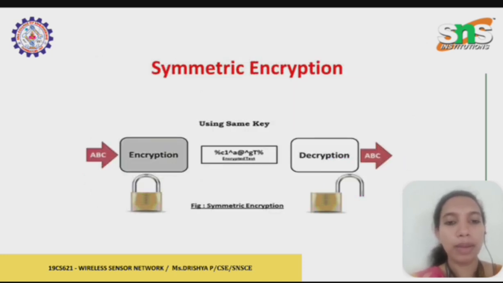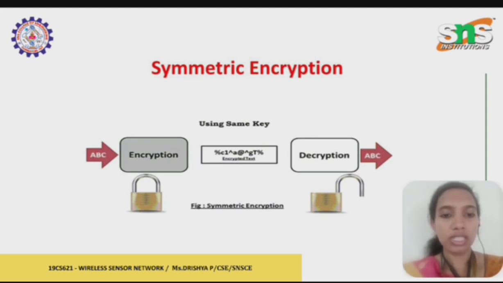So this is the representation of symmetric encryption. Symmetric encryption uses the same key. ABC is the plain text, it is encrypted using a key and converted to cipher text, then using the same key it is converted back to the original data.